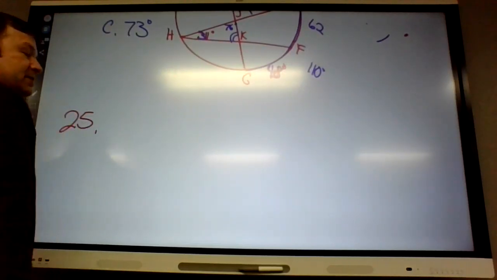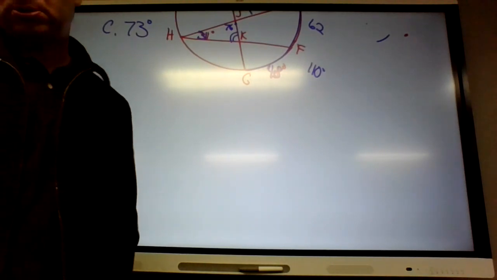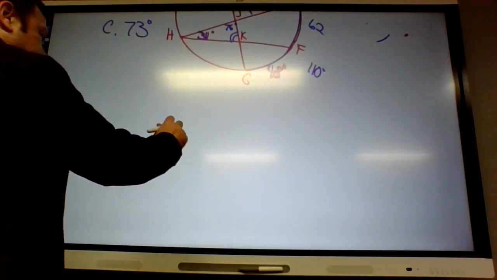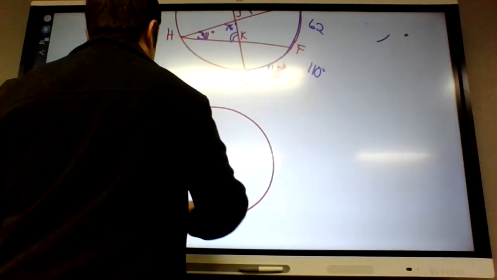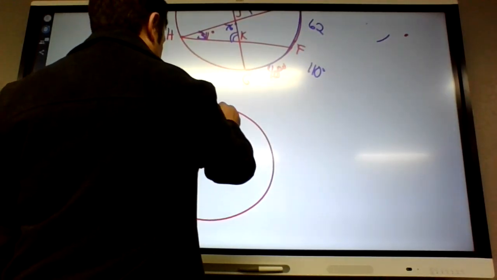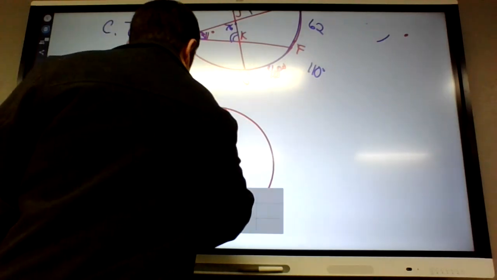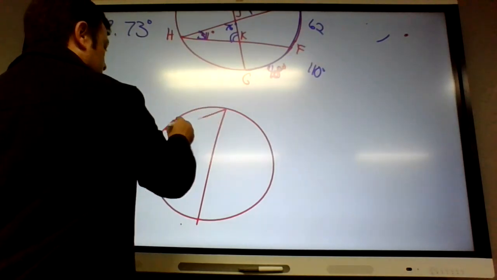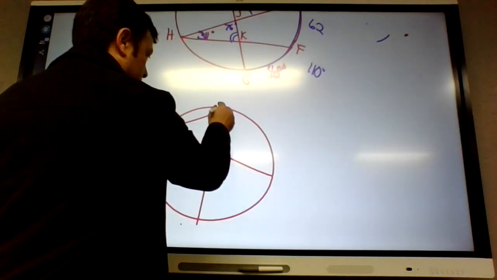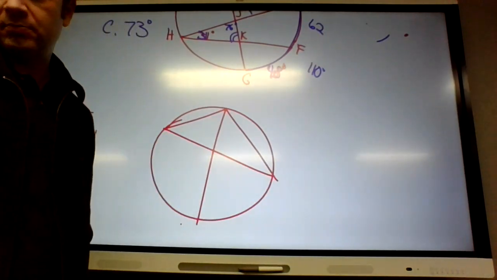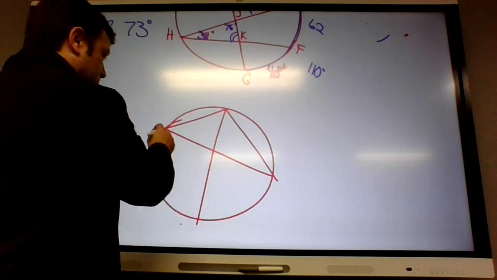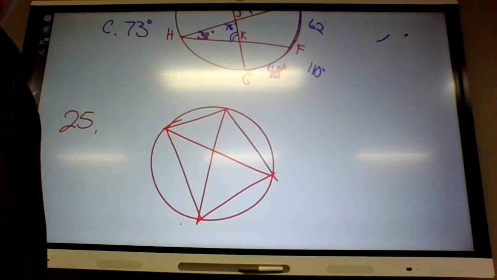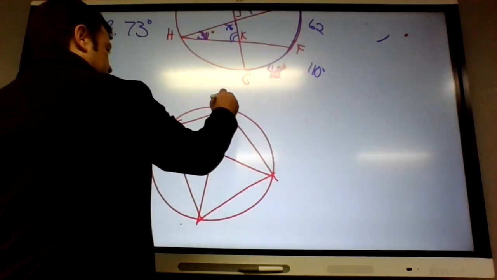QRST. Kind of looks like a kite, but it's not. It's kind of lopsided. It's just sideways. I didn't draw very well, but it doesn't matter that much.